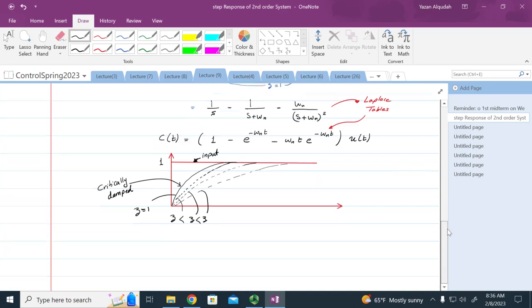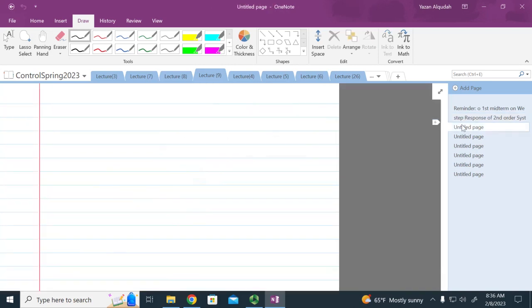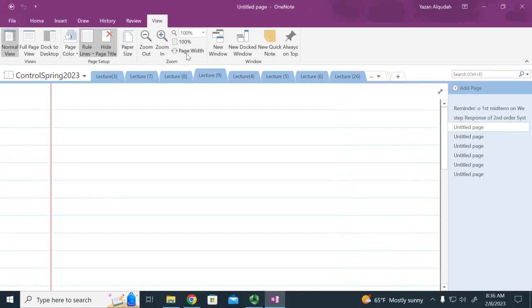The next case we're going to look at is the case when zeta is less than 1, and we call this underdamped. In this case, we have two complex poles.